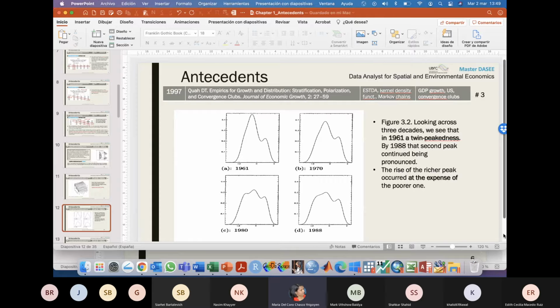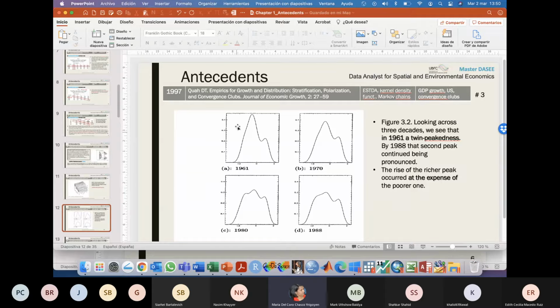The third figure he used looks across three decades. So they are the 60s, the 70s, and the 80s, but they are four moments in time: 1961, that is the first moment, 1970, the first moment in the 70s, 1980, and 1988. In 1961, we can see a clear twin peak form.